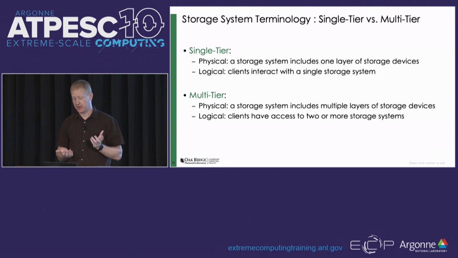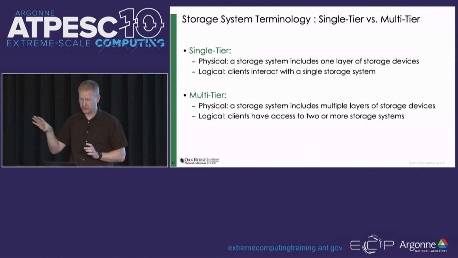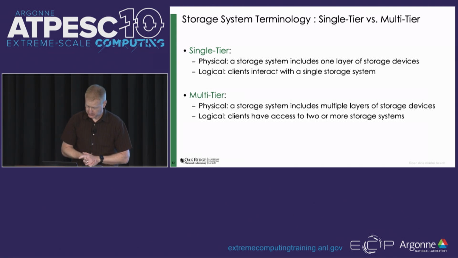From the logical perspective, a single tier means I'm accessing one storage system. For multi-tier, that means I have access to a bunch of storage systems, and they may be layered, they may not be. It just means I have access to more than one.